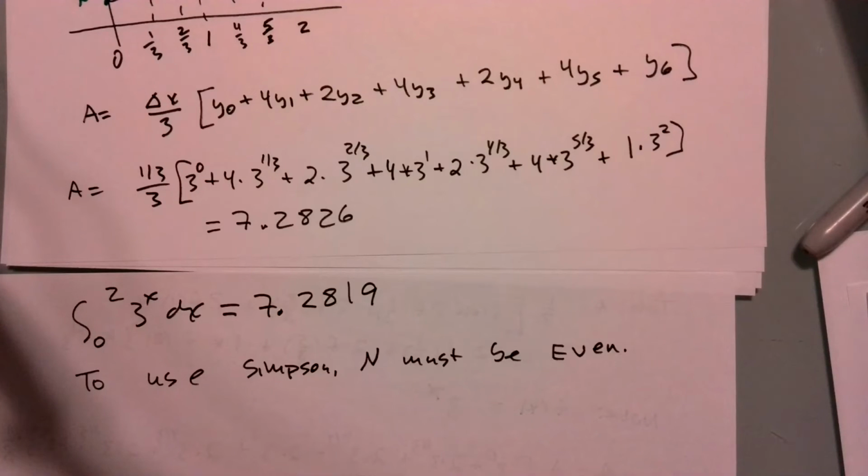I think you remember on Simpson, change in x divided by 3, and then 1, 4, 2, 4, 2, 4, 2, 4, 2, 4, 2, 4, 1. Why do we do this? Because many integrals cannot be done. There are not antiderivatives for most functions. So if you need to approximate a definite integral, the Taylor series is a good tool. Trapezoidal rule is a decent tool. Simpson's rule is a better tool.